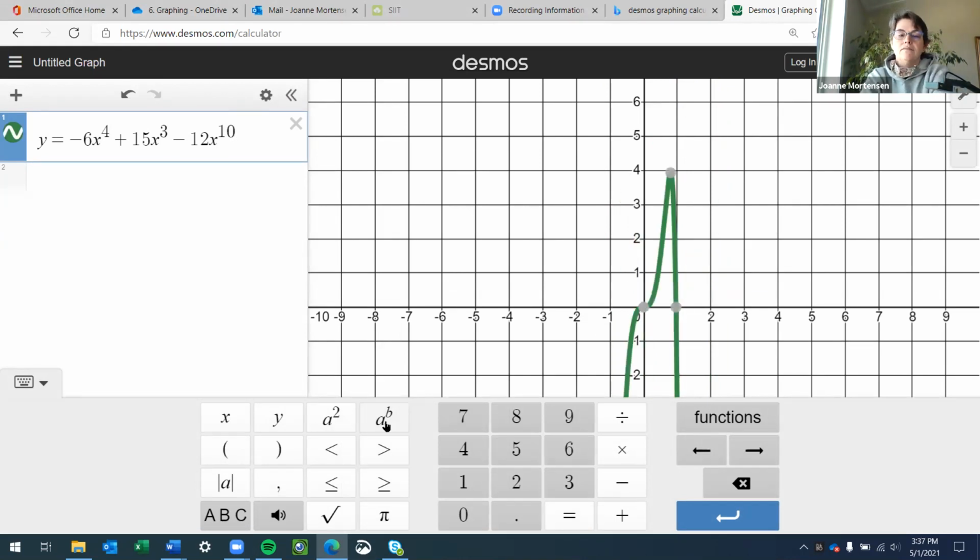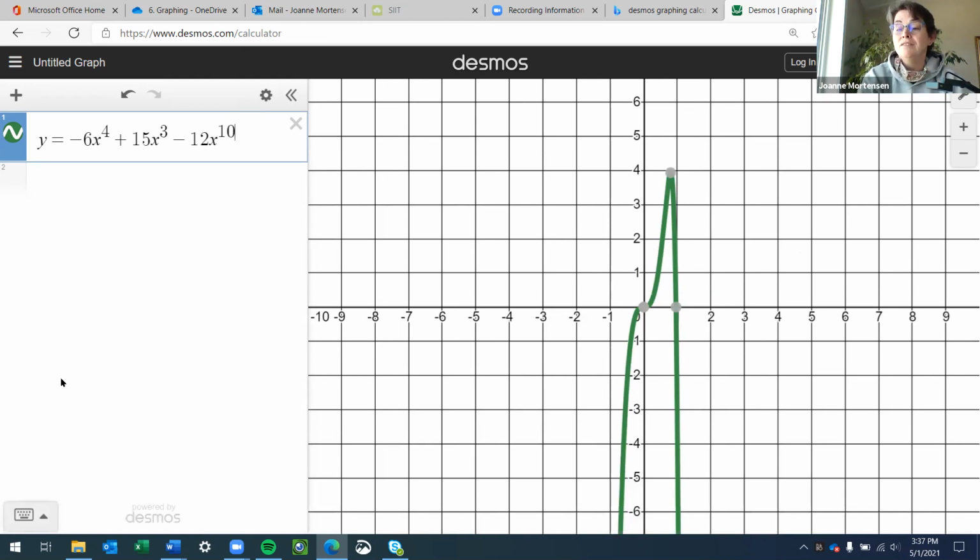That's a cool graph. So really, once you've got your graph, ta-da, we are going to start down here in quadrant 3 and we're going to end in 4.